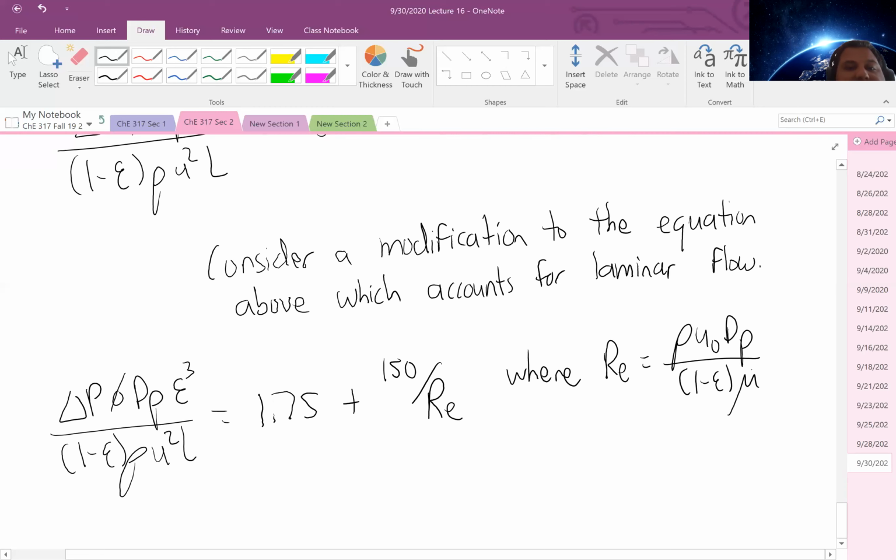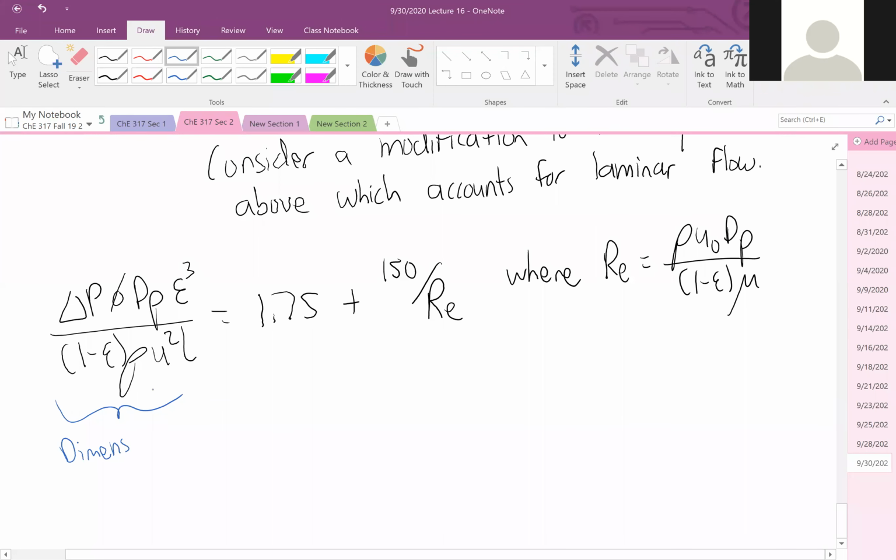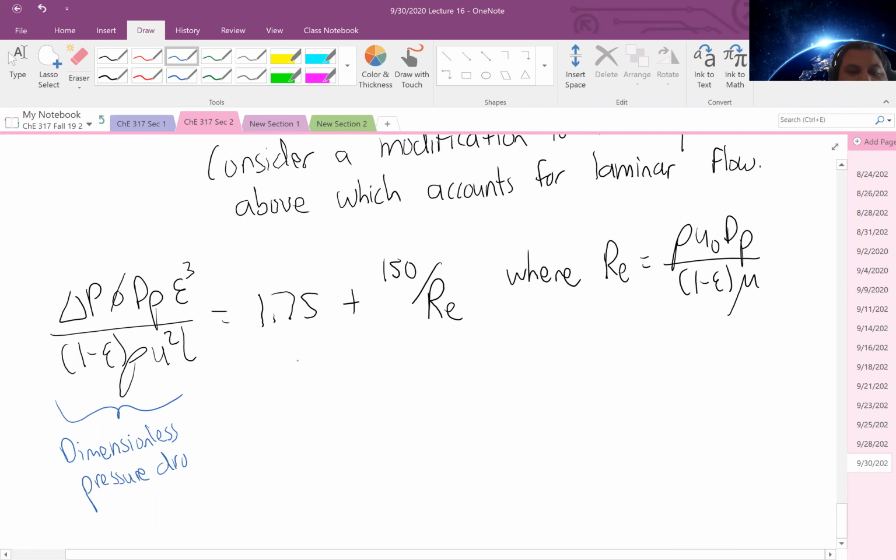And so what we have, in a sense, is a dimensionless pressure drop as a function of turbulent flow and laminar flow.